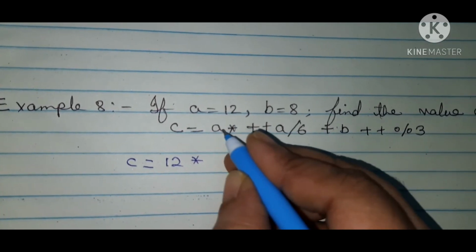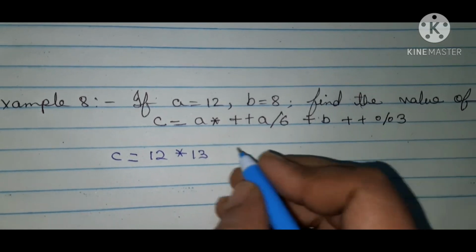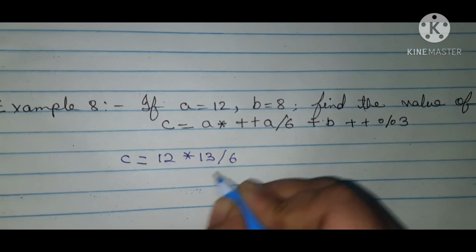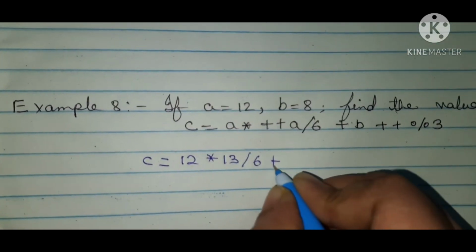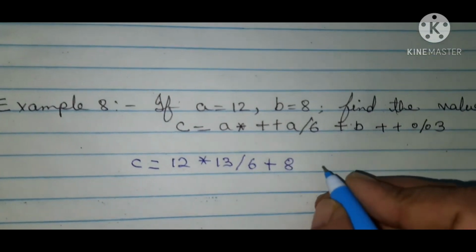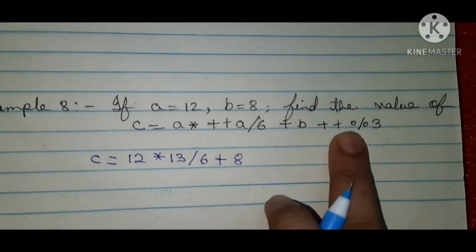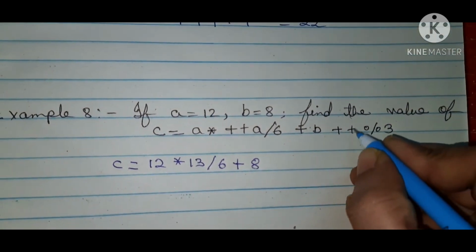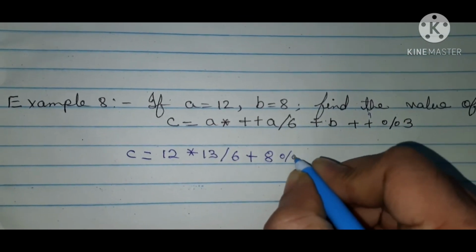So 12, it was 12 plus, so it became 13 by 6 plus B's value, it is 8. Then after that B's value has increased to 9, but of no use. Then modulus 3.